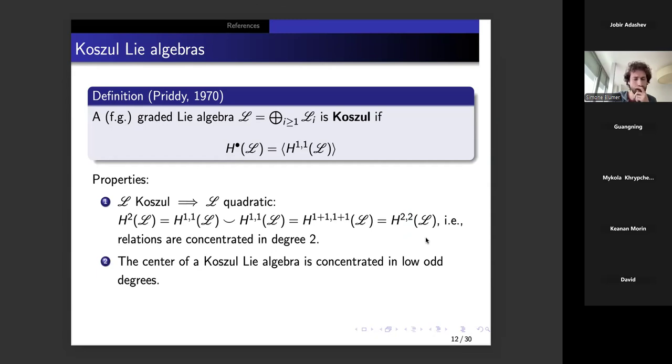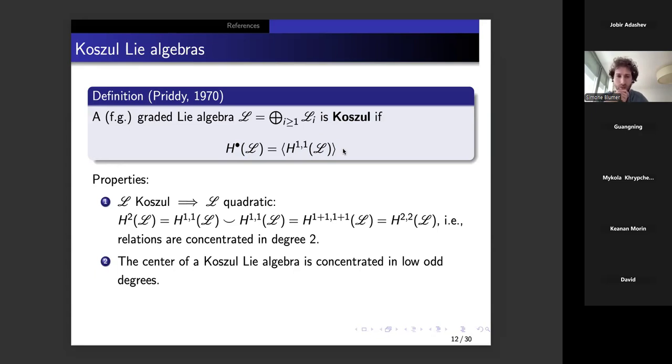Also, I could prove in my PhD thesis that the center of a Koszul Lie algebra is always concentrated in low odd degrees, which might seem odd and weird, because at first one has no idea how to relate the center of a Lie algebra with such a cohomological behavior.